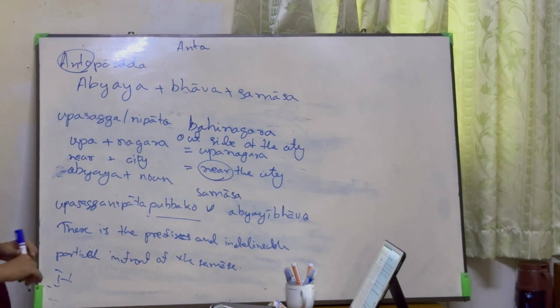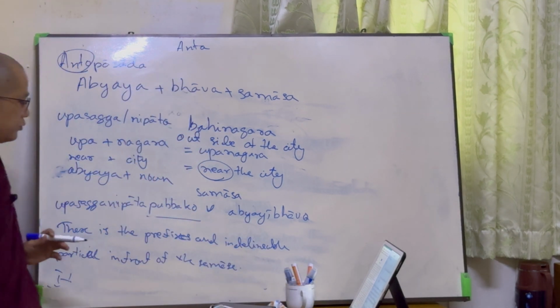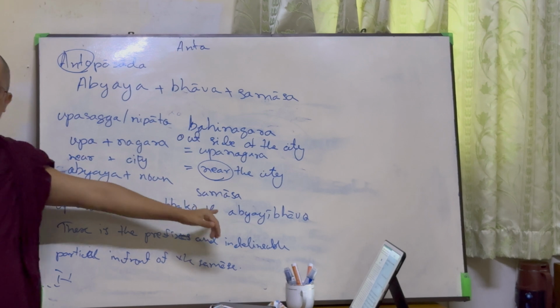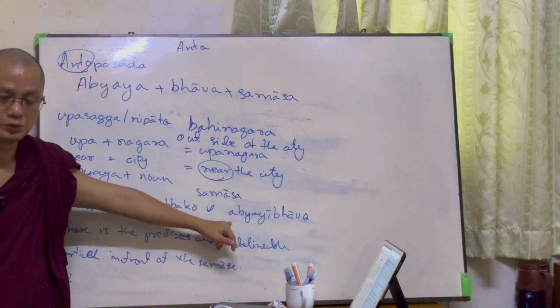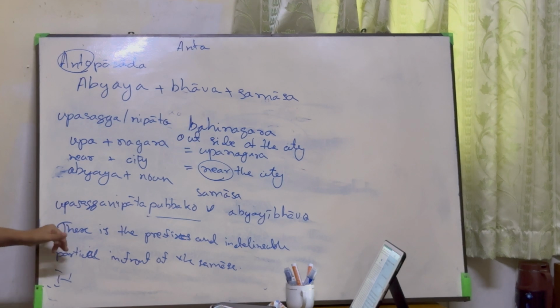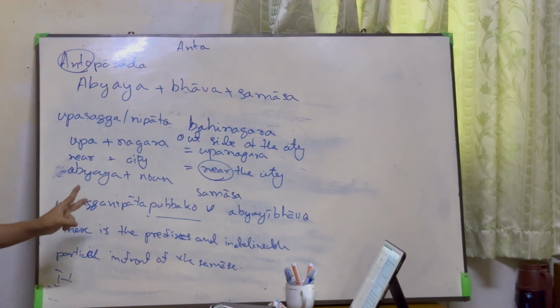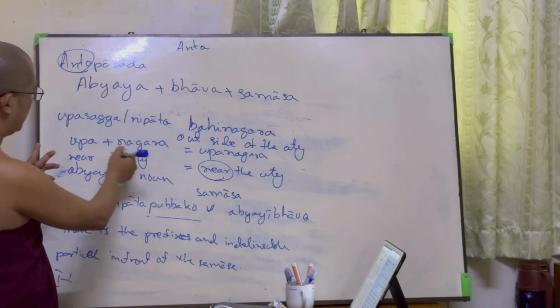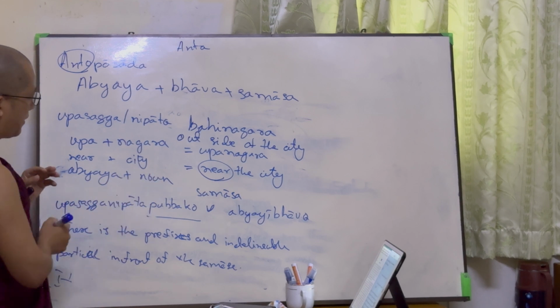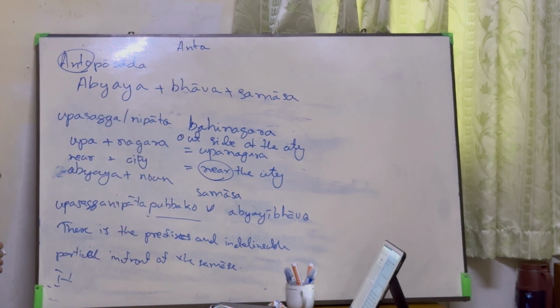Okay, the first sutta is Upasaka Nipada Bhoga Abhyayibhava. To know the Abhyayibhava Samāsa, the first word must be a prefix or indeclinable particle, and the second word must be a noun. Therefore, prefix or indeclinable particle plus noun. This is the first feature.